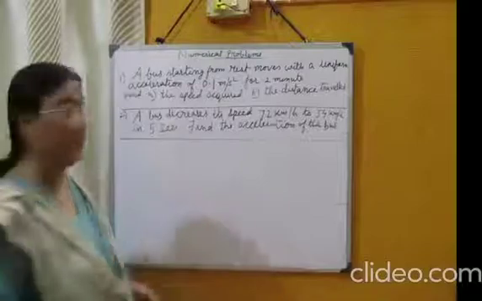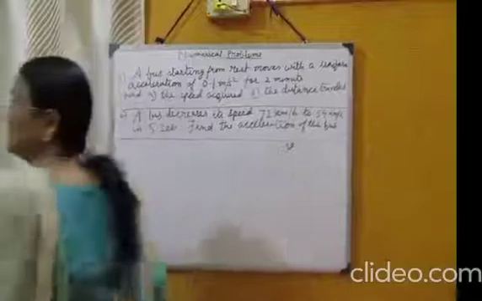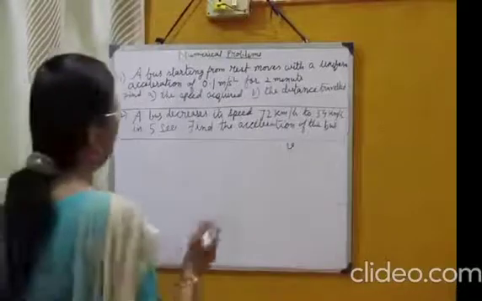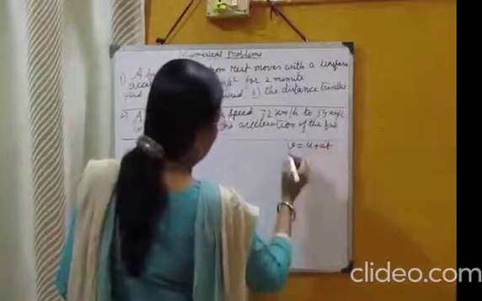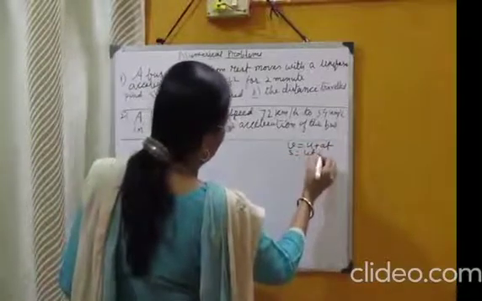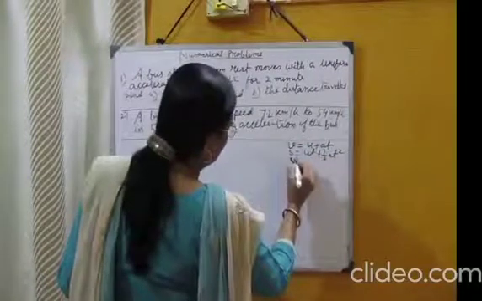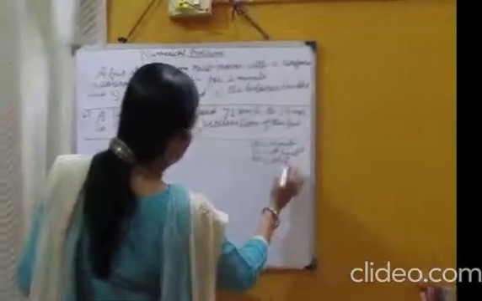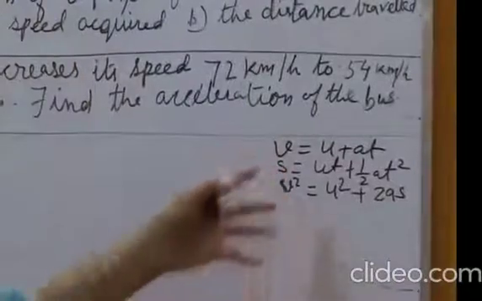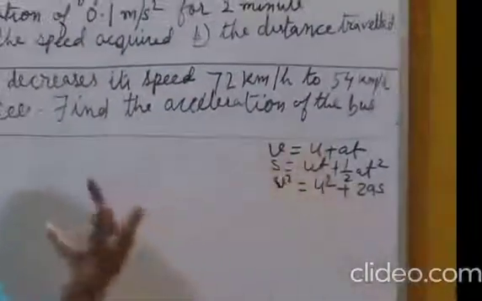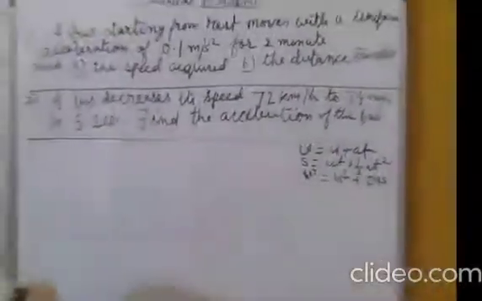The first is v equals u plus at, s equals ut plus half at square, and v square equals u square plus 2as. These are my three equations of motion. Now, I am telling you how to solve the numerical problems.